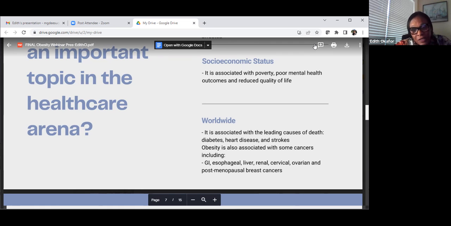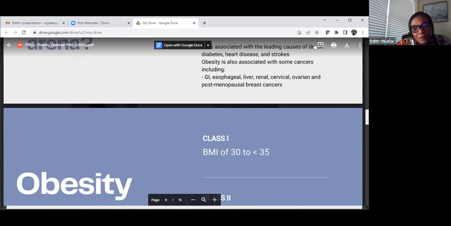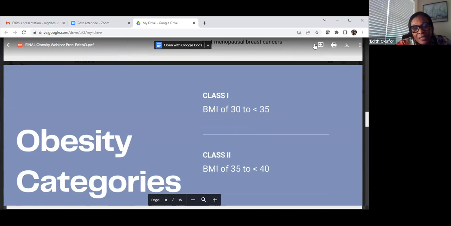Also associated with liver disease, liver cancers, kidney cancers, cervical, ovarian, and postmenopausal breast cancers. You have women that develop breast cancers later in the decades, like 79. My mother had cancer at 79, breast cancer at 79. So that's an example.